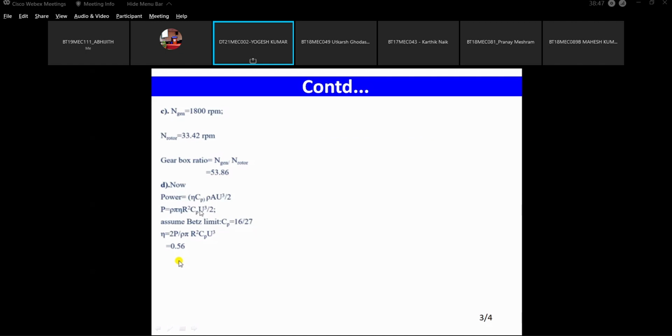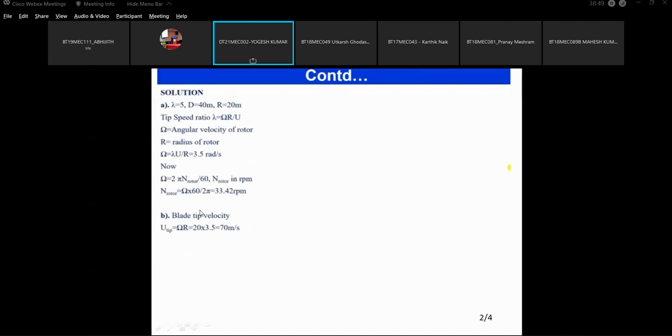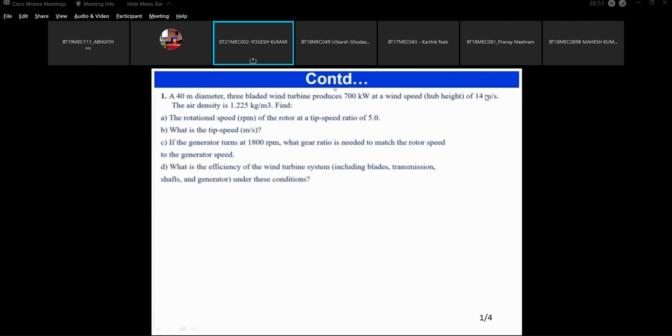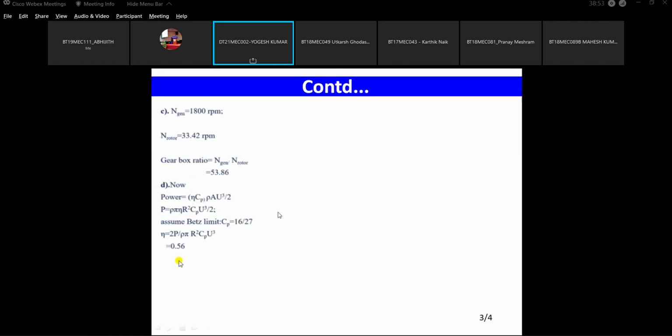U is free stream velocity, which is given as 14 meter per second. So calculate the efficiency value by using all the values given in the question.